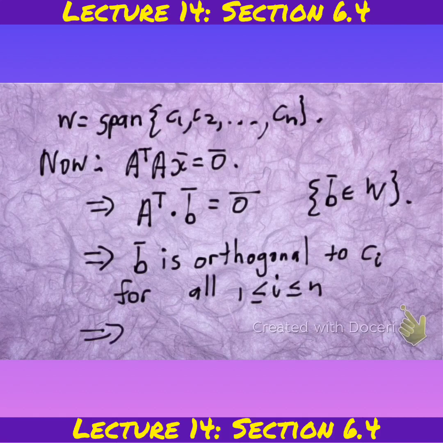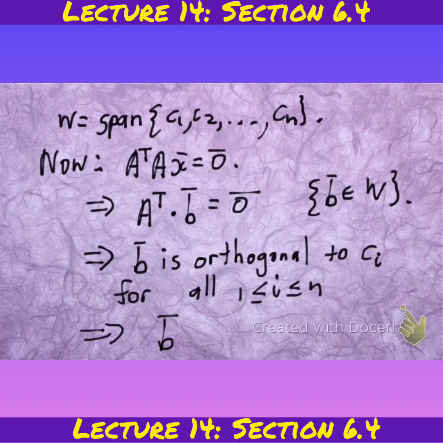And that's going to imply that B, because remember the column space of A, you can always find a few columns of A that will be a basis for the column space.